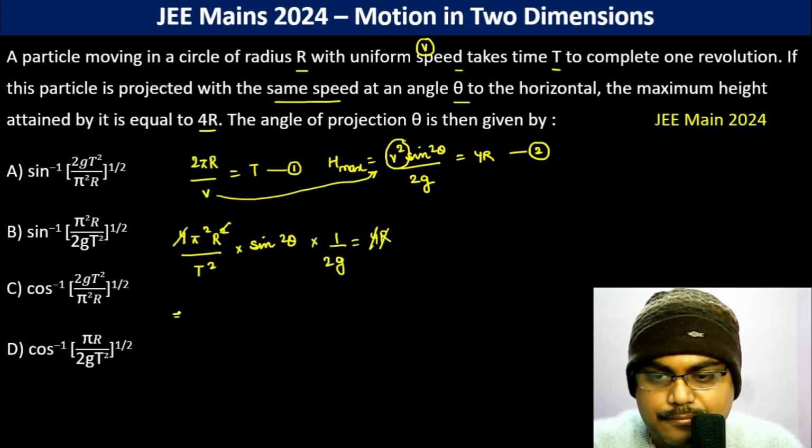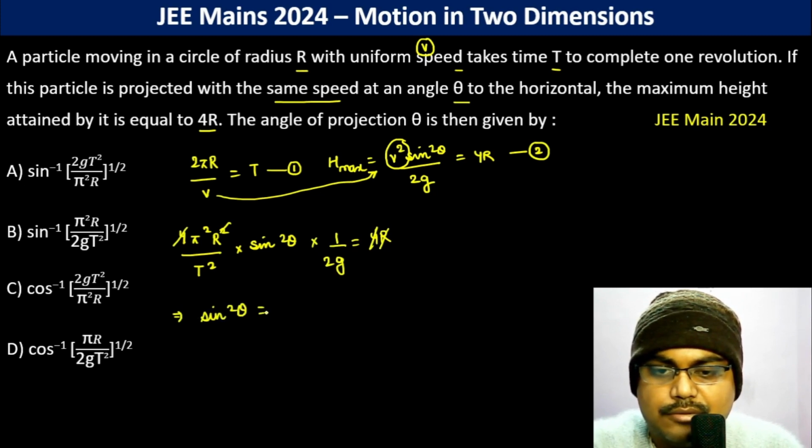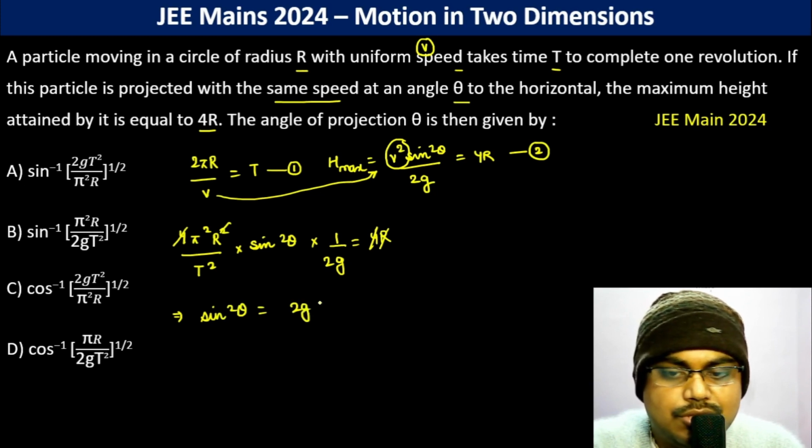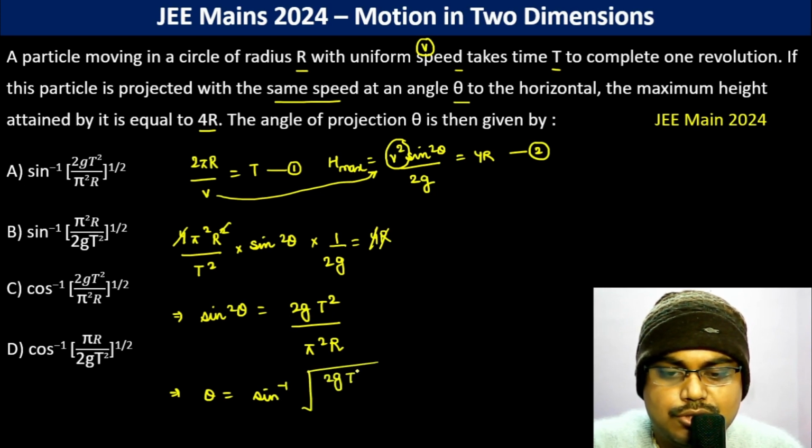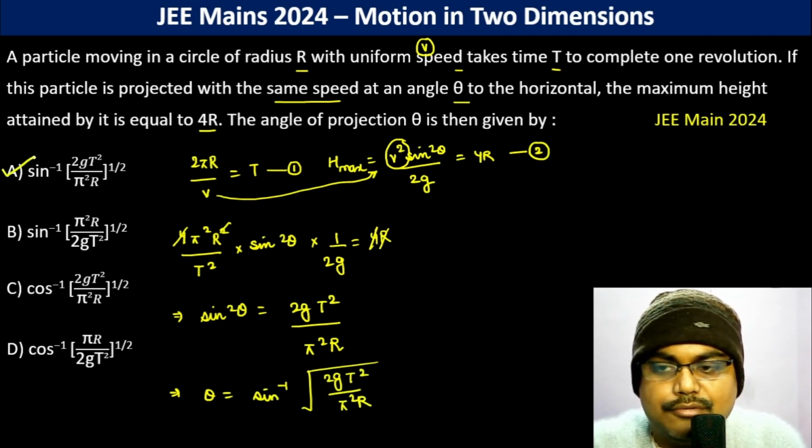Okay, so therefore sin square theta becomes 2g t square divided by pi square r. So therefore theta becomes sin inverse of root 2g t square by pi square r, which is the first option.